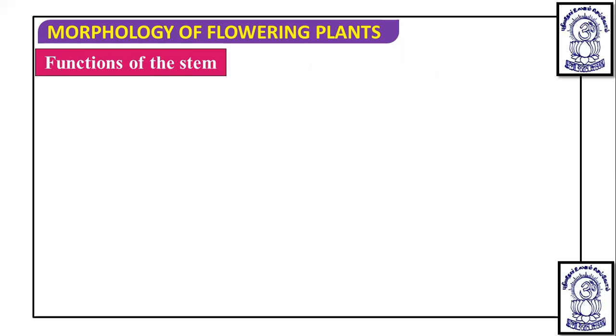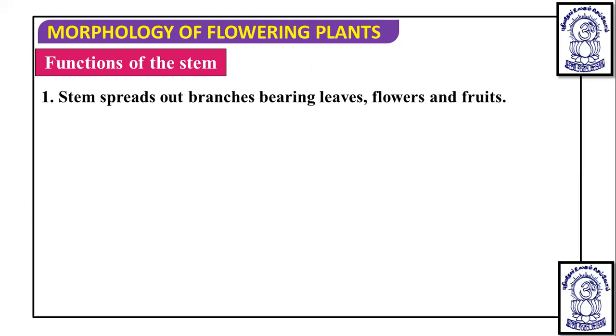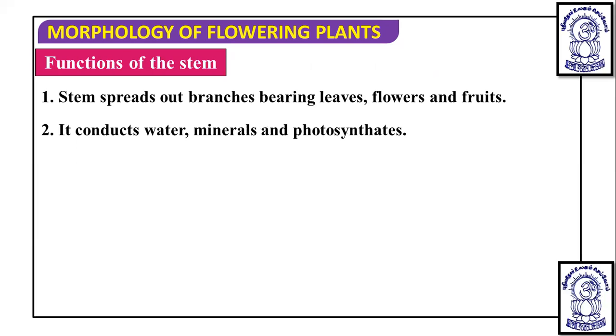If we talk about the functions of the stem, it spreads out branches. The branches rise from the stem, and these branches bear leaves, flowers, and fruits. One more function is that it conducts water, minerals, and photosynthate, that is, food.